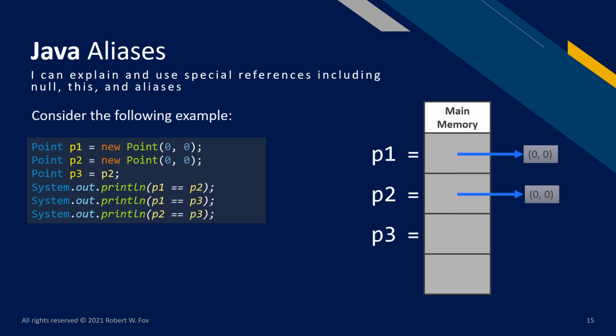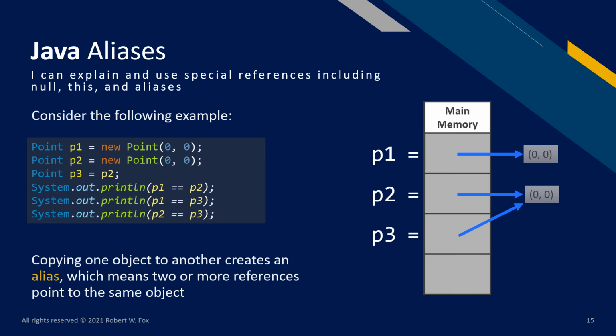P3 comes into existence, it equals P2, and notice that it is a copy of the reference. So when I say P3 equals P2, when I copy one object to another, I'm not creating a new object, I'm creating what's known as an alias. And an alias means that two or more references point to the same object. So P2 is a way to refer to this object, but so is P3. It's like the object has two different names, hence the word alias.